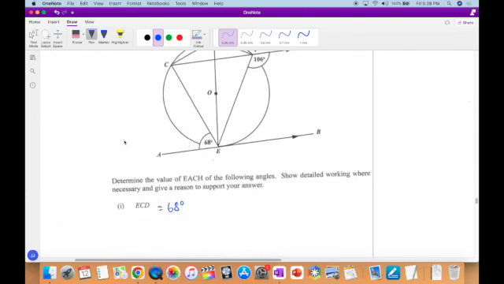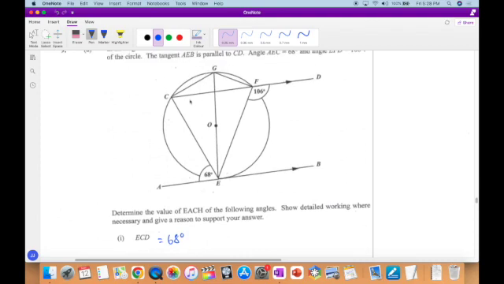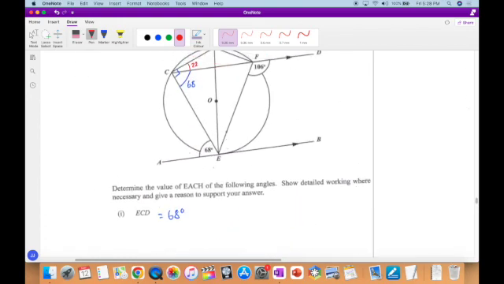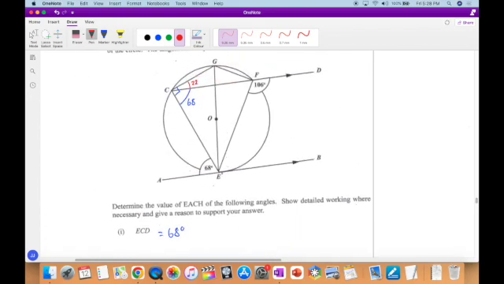CEG, so we worked this. If this is 68, and we know this is 90, then this will be 68. So, no, sorry, 90 minus 68 is 22. So this is going to be 22 over here, right? And what do we want? We want CEG.